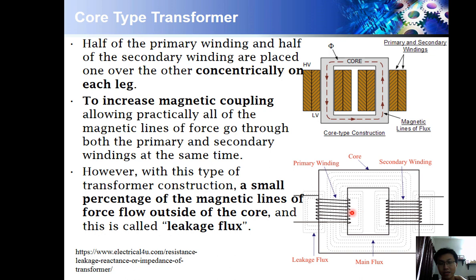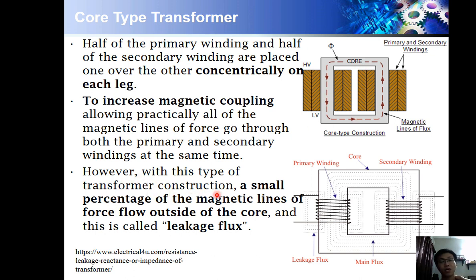There's no direct connection for the magnetic flux from here to here, but the energy can be transferred from primary to secondary. This is called magnetic coupling. We connect the primary magnetic flux and also the secondary magnetic flux. And this core type will increase the magnetic coupling.